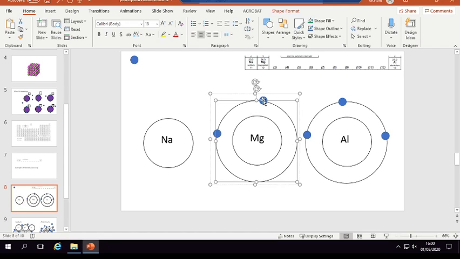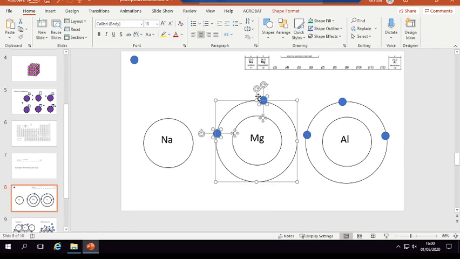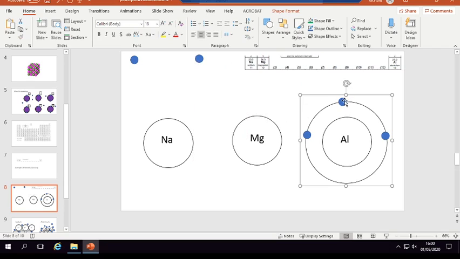In the magnesium case, we're going to lose 2 of them. So there they go, off to delocalize with other magnesiums. And in the aluminium case, we've lost 3 of them. 1, 2, 3.